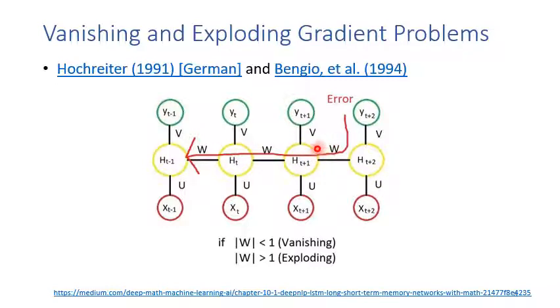If we unroll the RNN in the time domain, the backpropagation algorithm still needs to go back through multiple time steps of the data. It's just like a deep neural network. So RNN also suffers from the vanishing and exploding gradient problems.